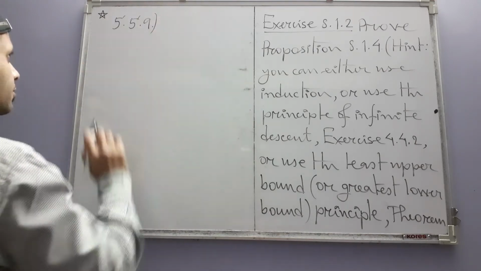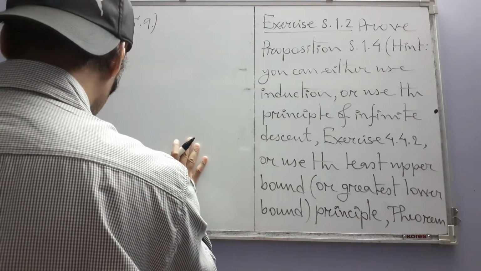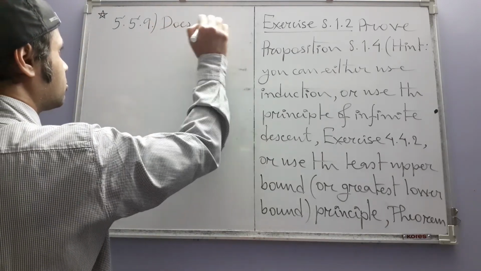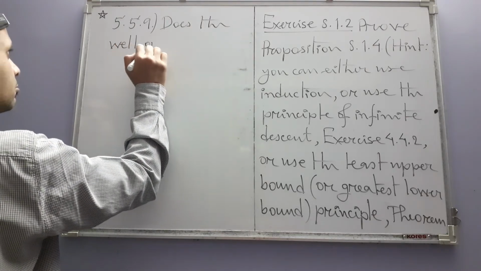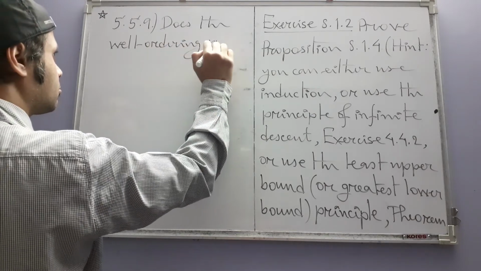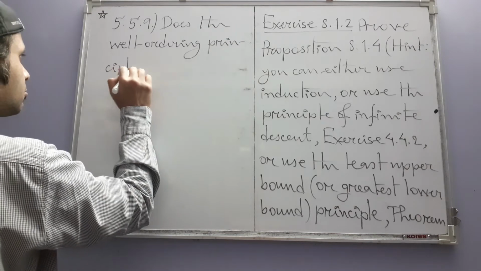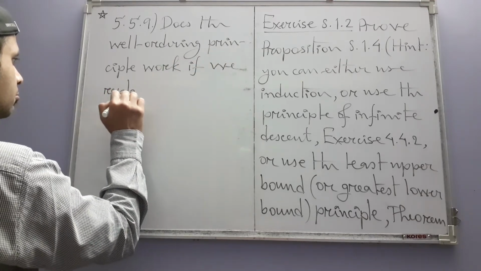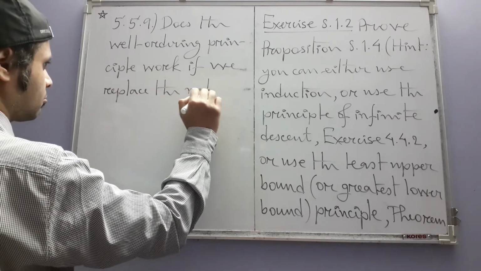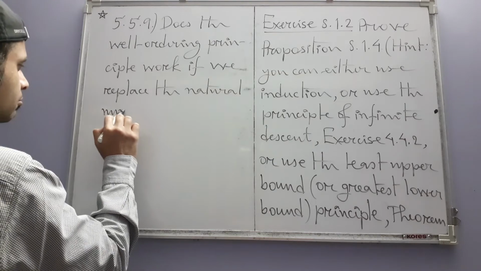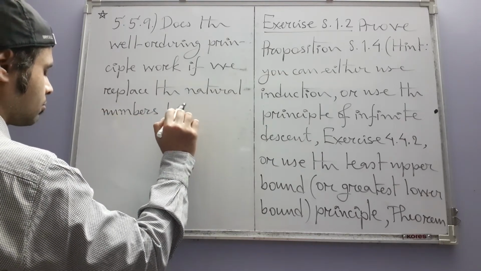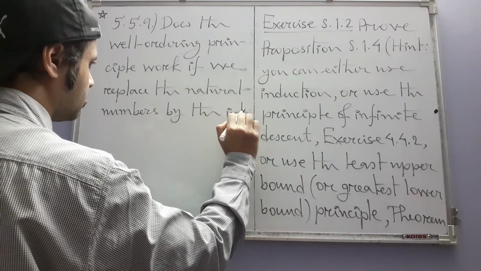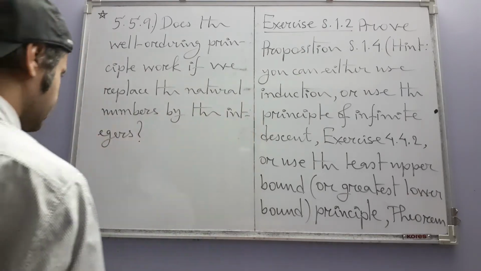But that's not all. We have to also answer these things. Does the well ordering principle work if we replace the natural numbers by the integers?